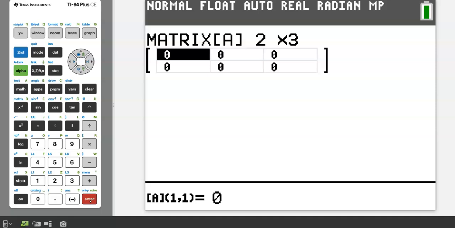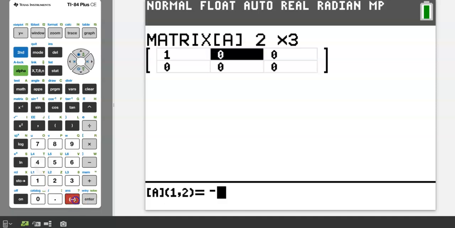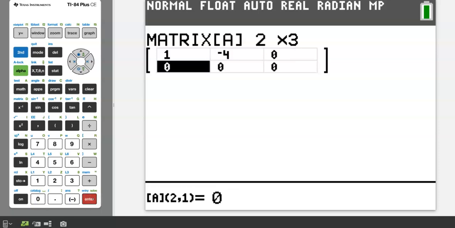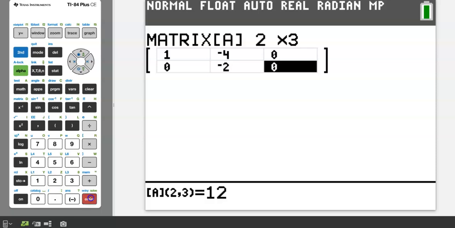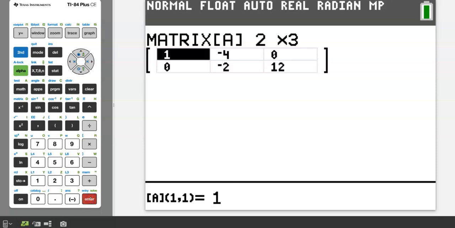Type enter after every single one of them, including the last one. So, there we go. We got 1, enter. -4, enter. 0, enter. 1, enter. -2, enter. 12, still press enter, even though it's the last one. It won't go into that cell or into that element unless you press enter after it.